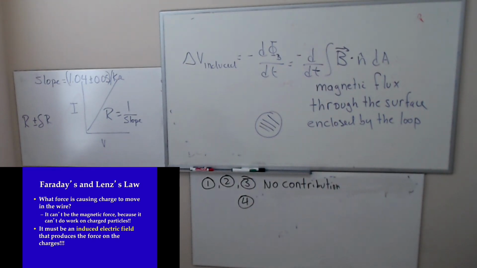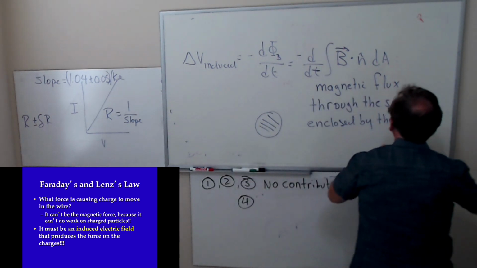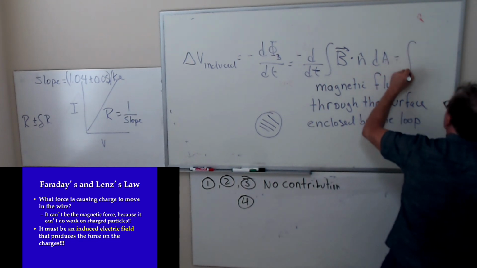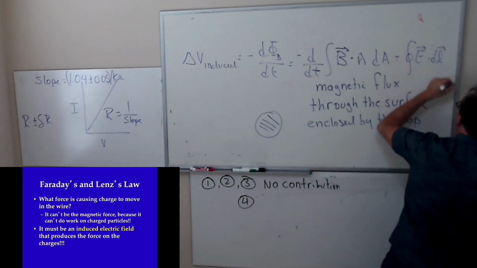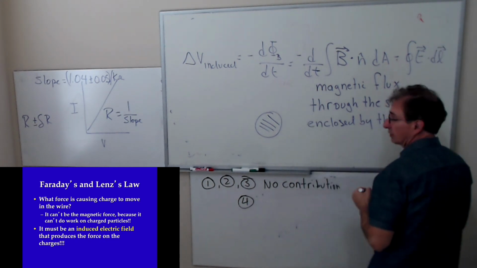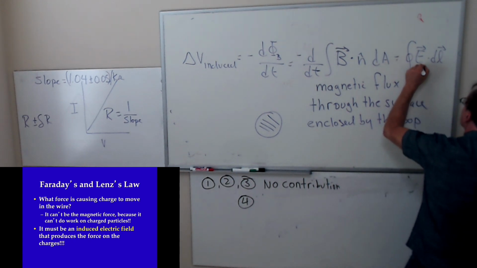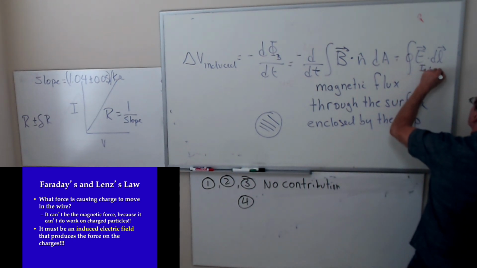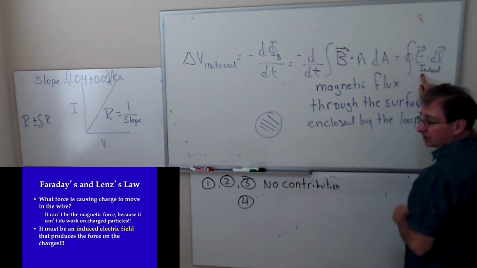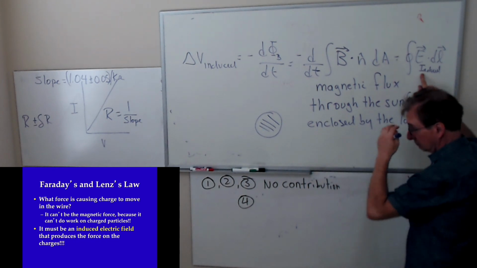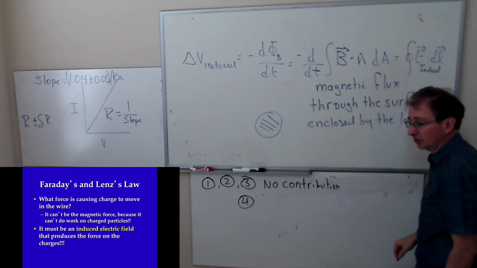So if I integrate the electric field around a loop, let's say this loop, that's going to be the induced EMF. This is the field that's induced. This has the same properties as the magnetic field. Magnetic fields form closed loops. This electric field forms closed loops too.